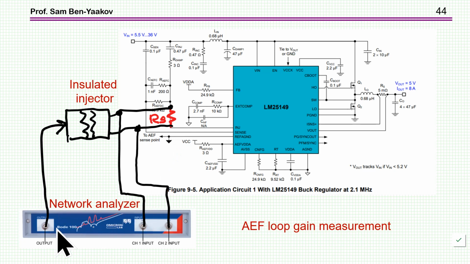I'm showing here about 100, and in this case you are injecting an AC signal. This is very similar to the AC source that I've put in here, and measure the ratio between the voltage here and the voltage here, and this will give you the loop gain under the operating conditions. So this is a very nice way to understand what is going on.